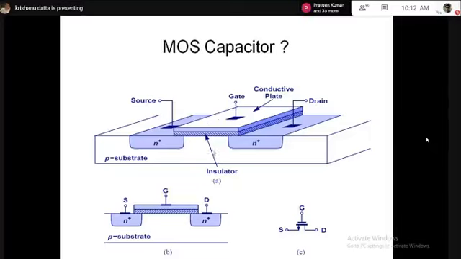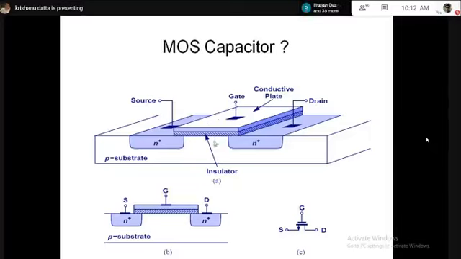And what are those capacitances? If you see carefully, the most obvious capacitance is between the channel and the gate, where there is oxide or insulator. So that obviously gives a parallel plate capacitance, right? When there is an insulator between two conductive materials, it basically creates a capacitor.